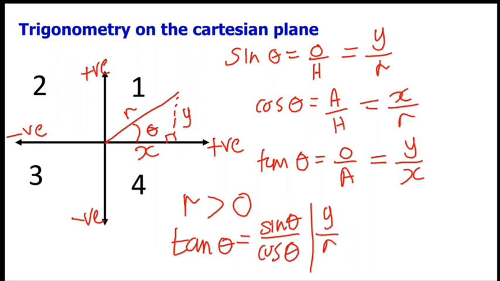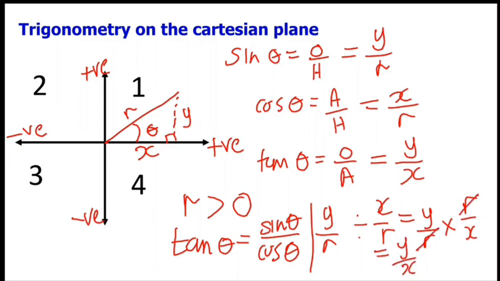If we divide it by the cos, it's going to be divided by x over r. But in maths, you know that with division of fractions, you can change the division sign to multiplication and then you invert. Once you invert that, you're going to cancel out the r's. You're going to remain with y over x. So the tan is actually y over x, which is the same as the tan ratio.